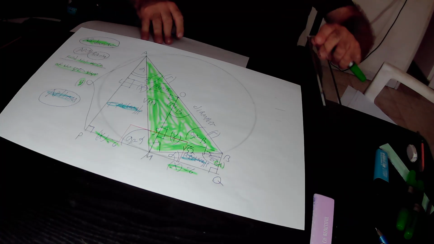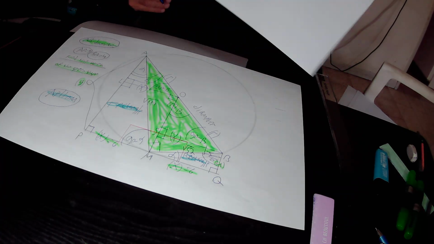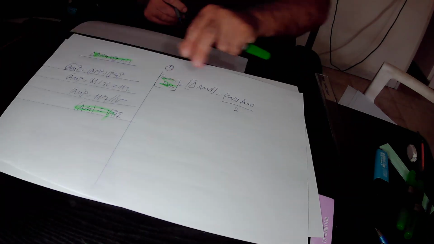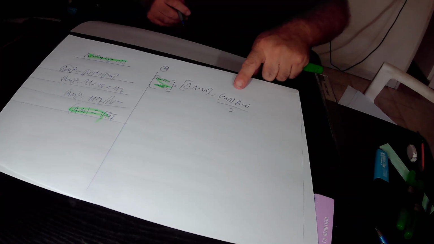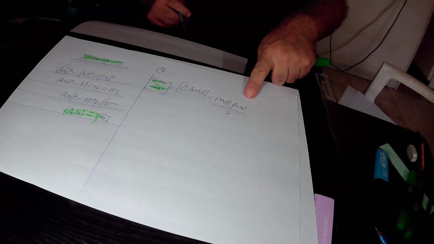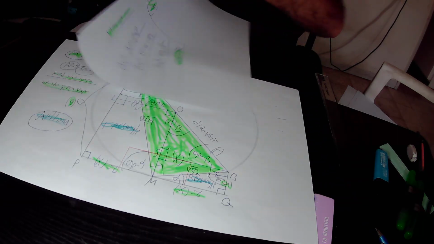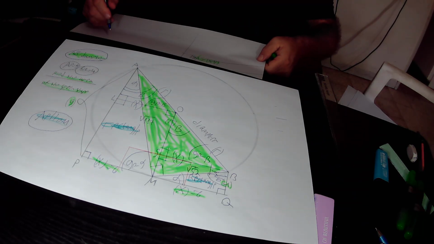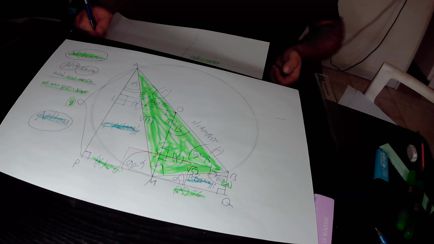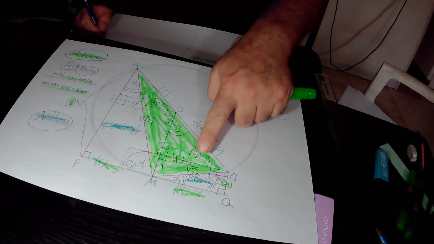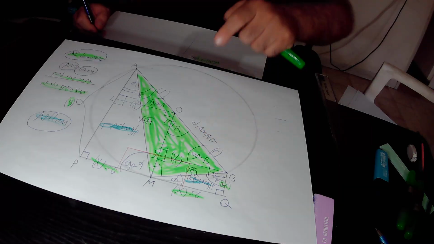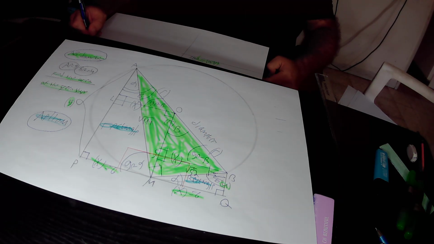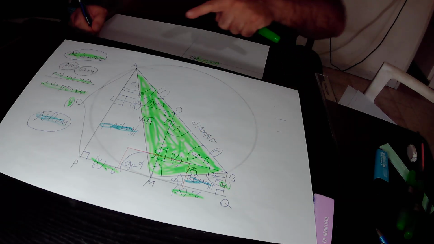The area of the green right triangle equals the base MB times the height AM over 2. We already found out that MB equals the square root of 52 units in length, times AM.